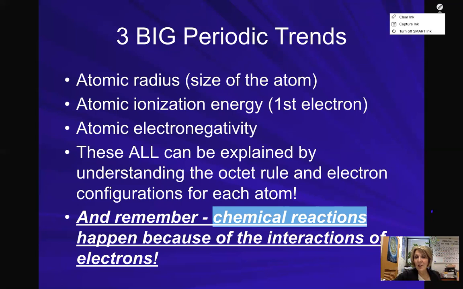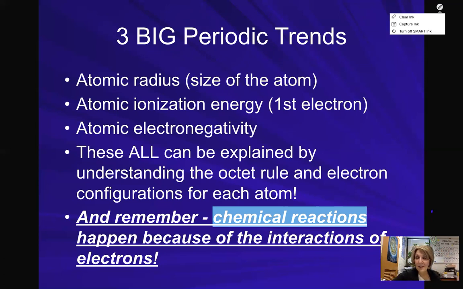Atomic ionization energy, the first ionization energy, is how much energy it takes to pull off an electron. Well, that is going to be the highest ionization energy for fluorine, because that's the smallest atom, again ignoring the noble gases. So it's going to increase going this way, and it's going to increase going up.